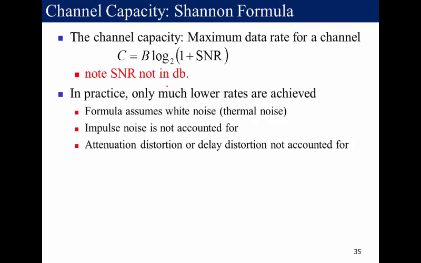So in practice, this channel capacity will be lower than the Nyquist channel capacity. Nyquist is so optimistic. It doesn't mean that Shannon's theory is pessimistic. It's not yet pessimistic.